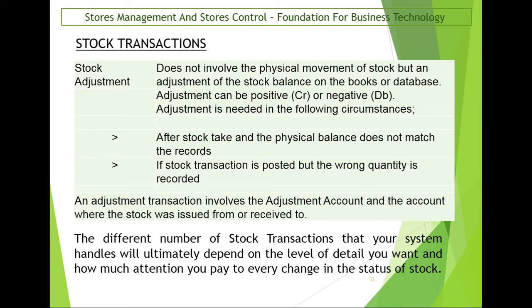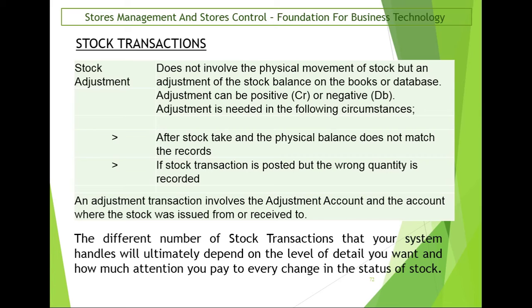Firstly, after you have done stock take, there might be a difference between the physical balance and your records, and you come to a conclusion that there is need to adjust the record. So you go into your computer or into your books and you change the record so that it matches the physical balance.